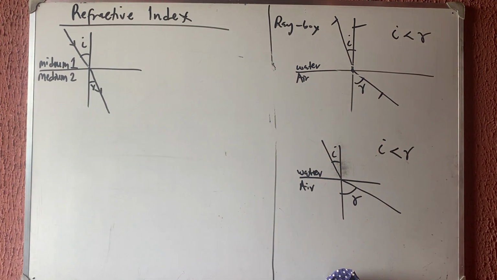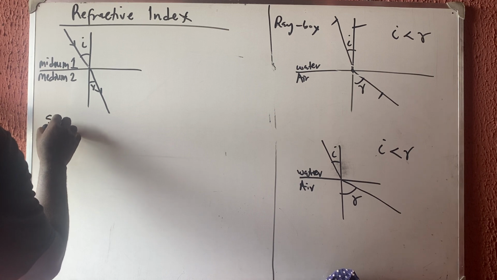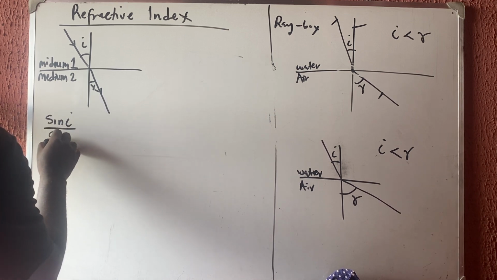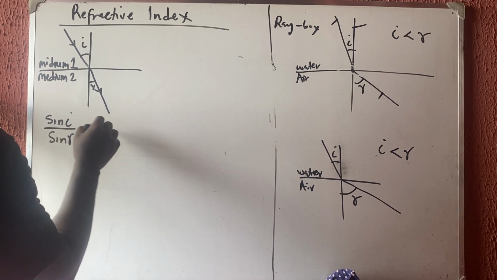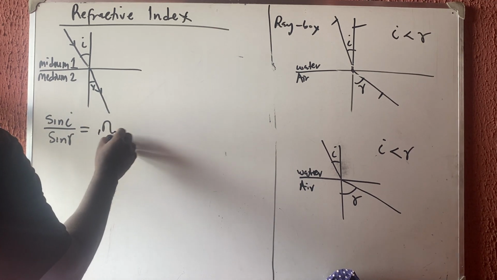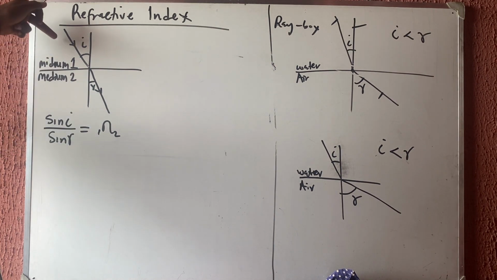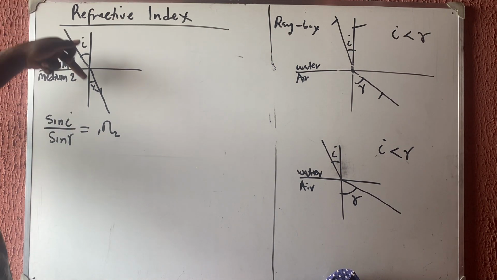For this particular medium, we know that sine i over sine r is equal to our n. Let me call it n from 1 to 2. Very, very important: that is the refractive index when light is coming from medium 1 to medium 2.